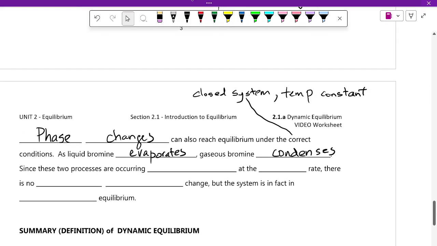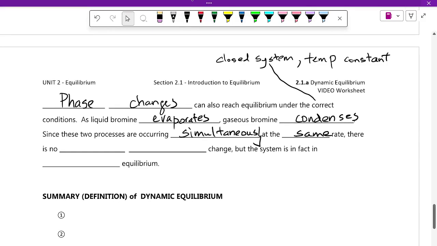Since these two processes are occurring simultaneously at the same rate, there is no observable macroscopic change.